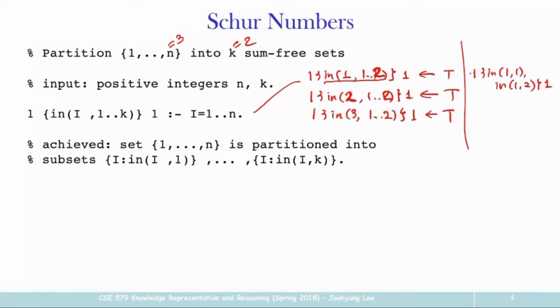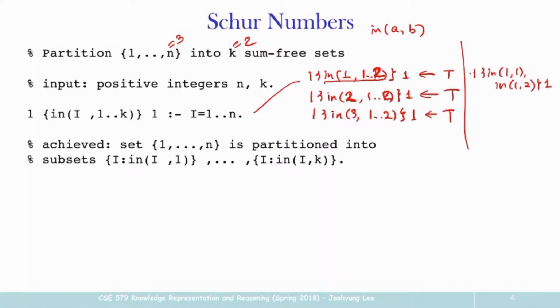So what is this doing? Let's say what we have. in(a,b) means that the first argument is a number from 1 to n, and the second argument is the bucket.